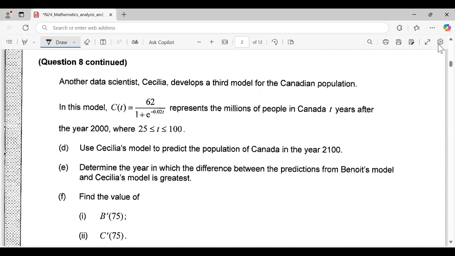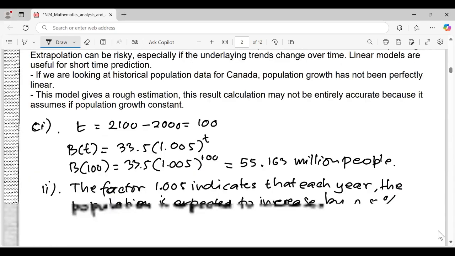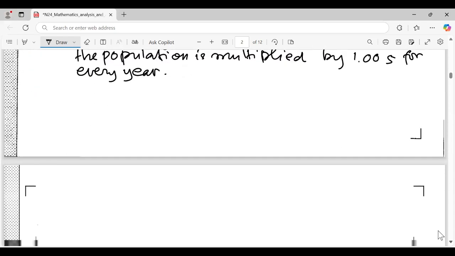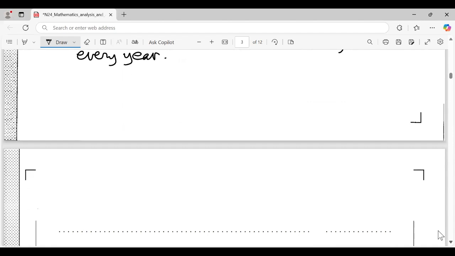Same as Benoit's model, 2100. So we are going to compare later the population between Cecilia's and Benoit's. Let's recalculate according to Cecilia's formula. t equals 2100 minus 2000 equals 100.